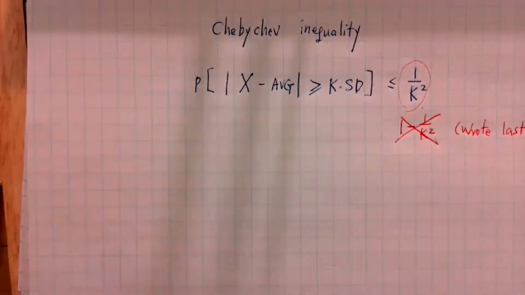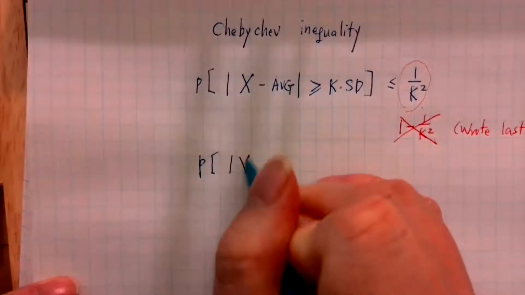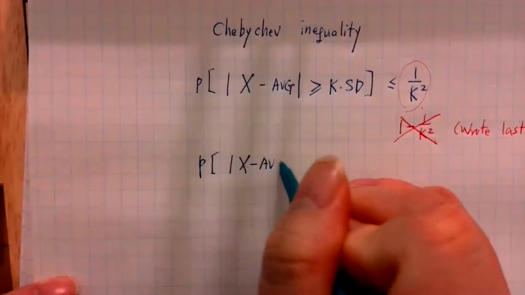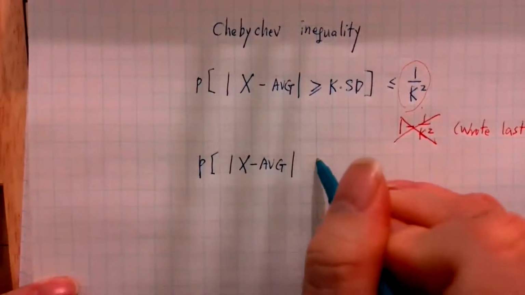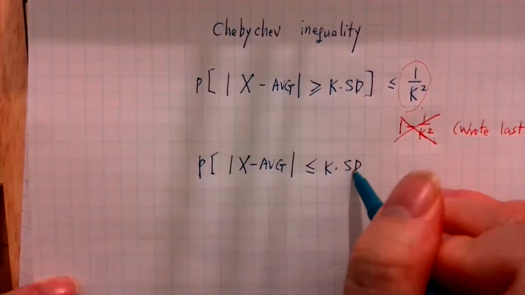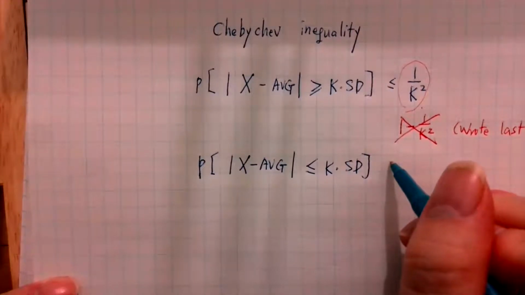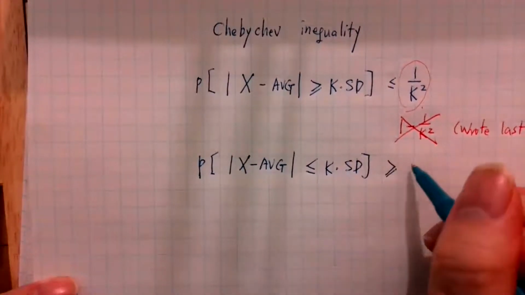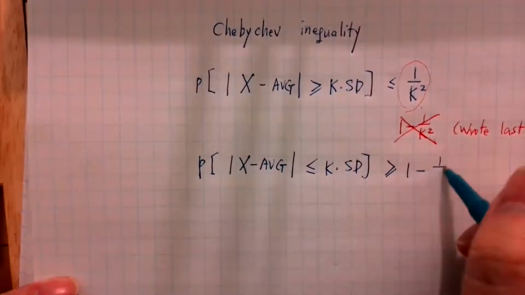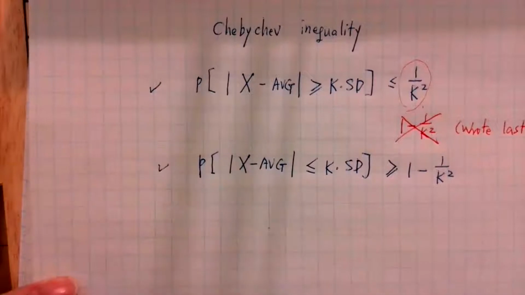The equivalence is this: either this one or this one, okay?